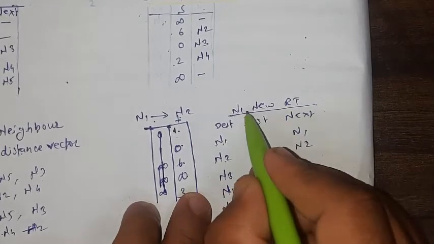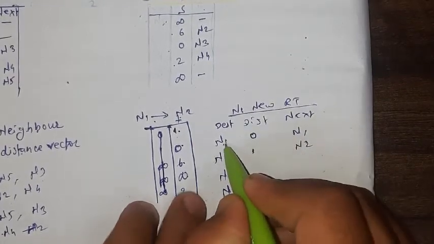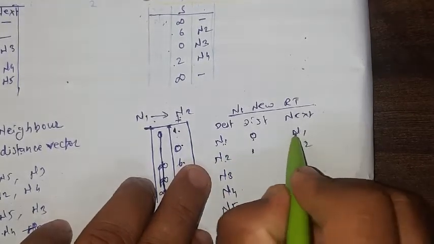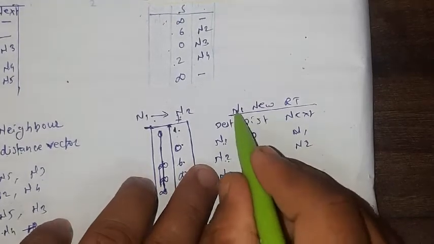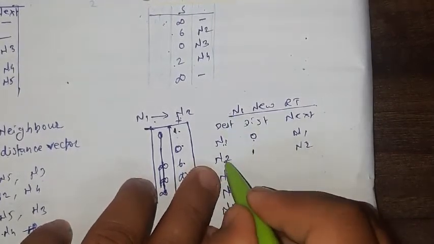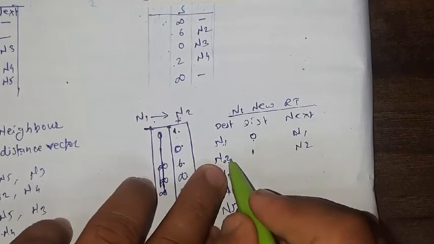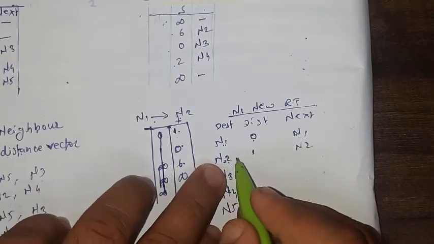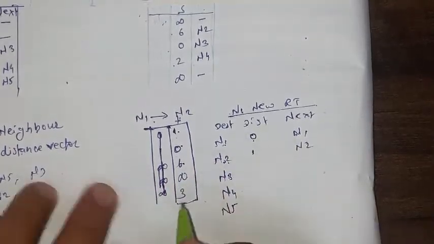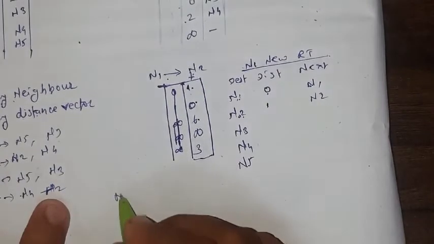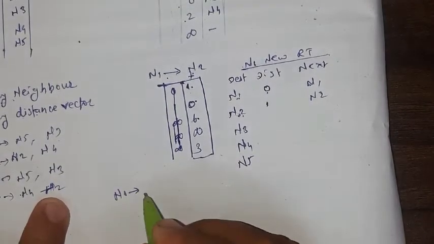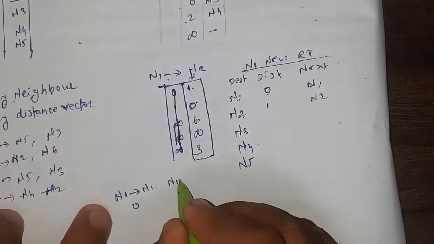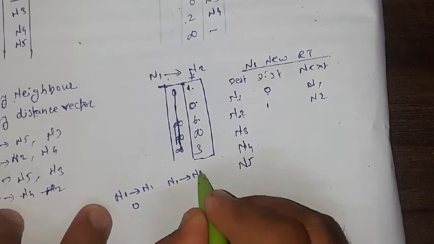So from n1 to n1, we know the cost is 0, and the next node is 1. Then n1 to n2: you don't go directly like in the previous routing table. Look here, n1 to n1 is 0, and n1 to n2 is 1.